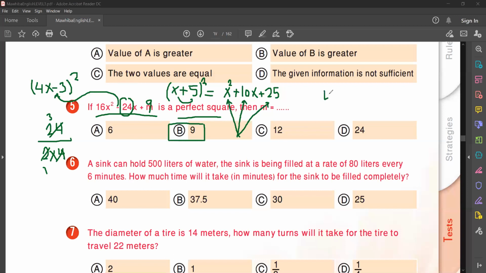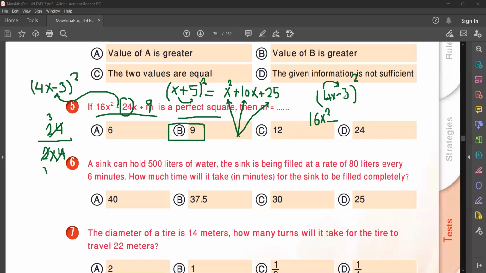Now if you find (4x minus 3) squared, like this relation, you square the first one. 4x squared is 16x squared, right? Then you multiply the first one by the other one and multiply it by 2.